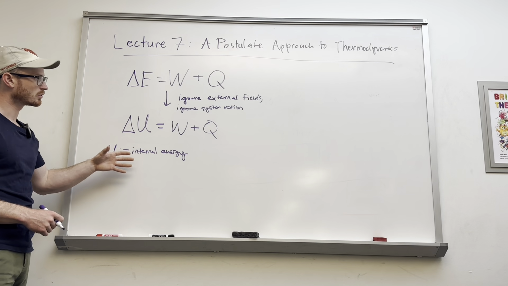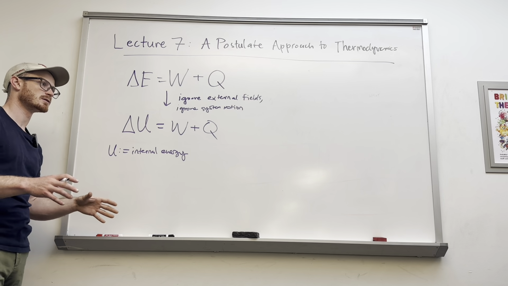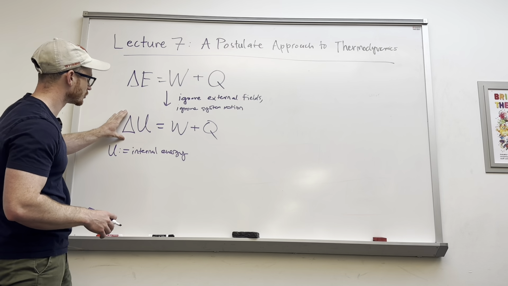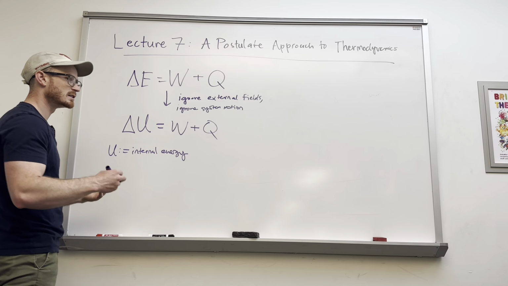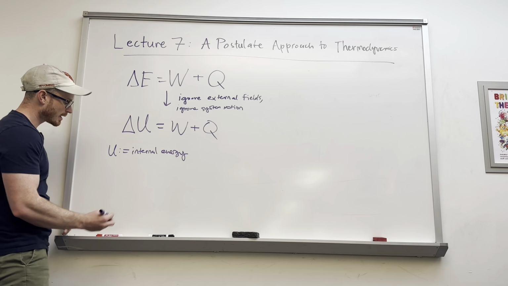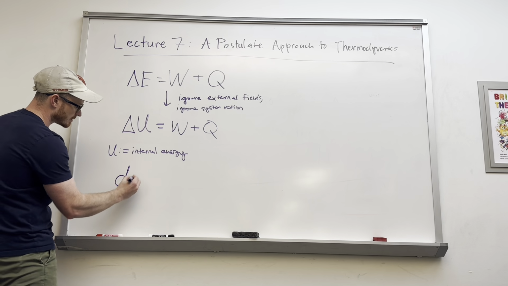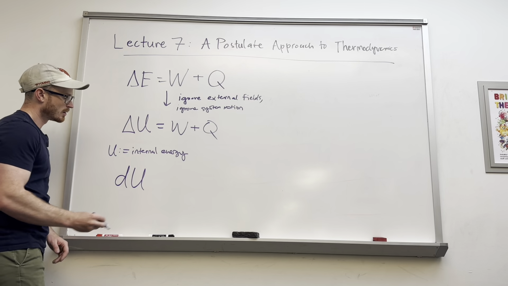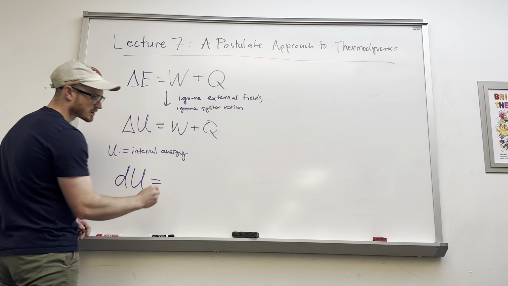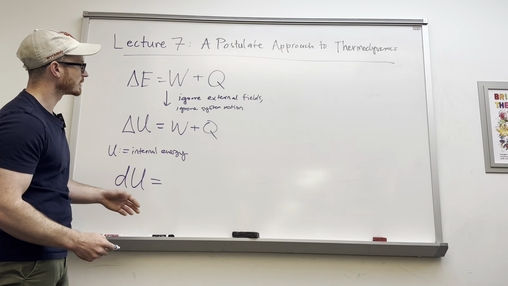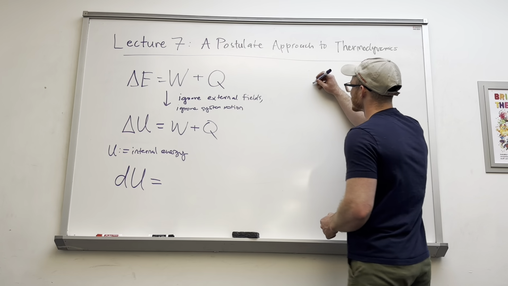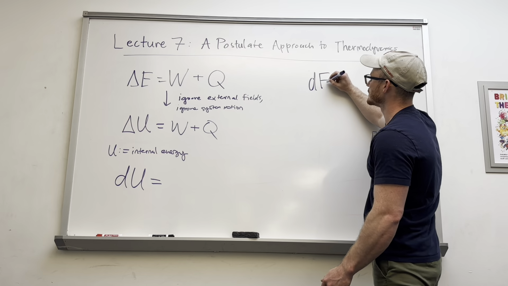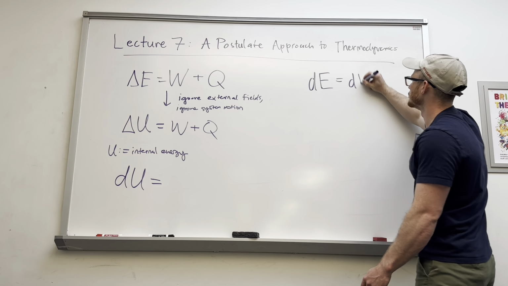Now, let's think about differentially what this means. So right now we've written this as the total change in internal energy is equal to the mechanical work plus the heat. But what about a differential change? So we write a differential change as dU. Now this is actually quite subtle here. Usually, if you were to write this classically, you'd have something like dE is equal to dW prime.